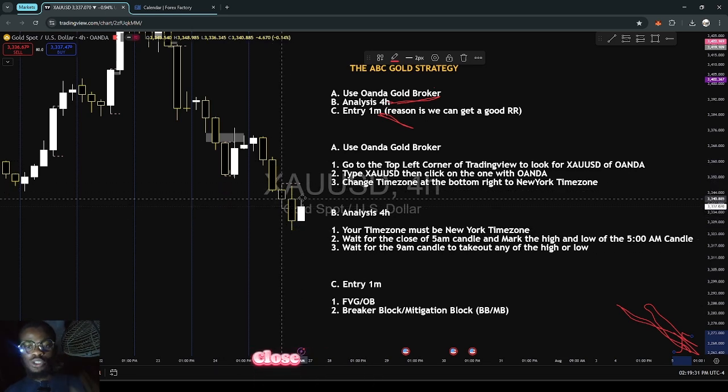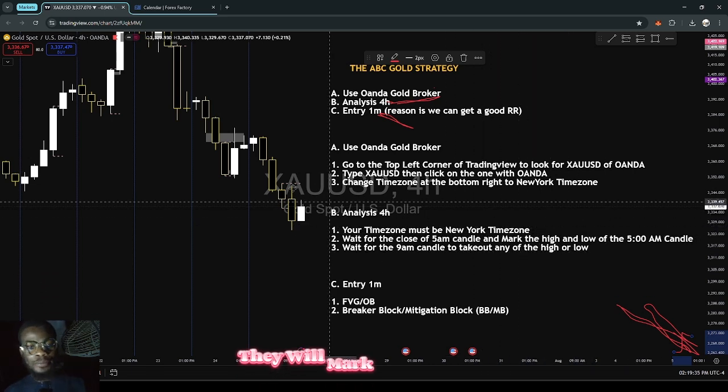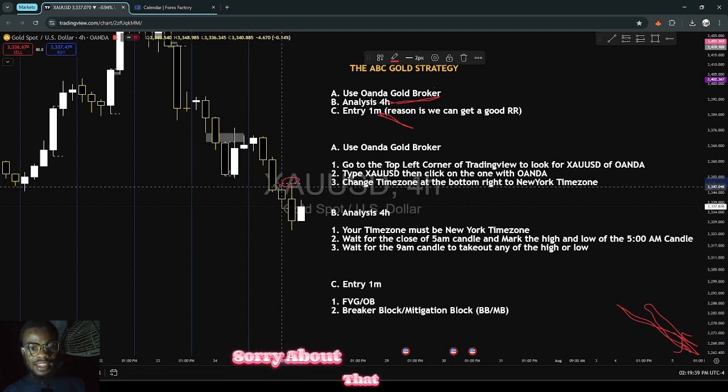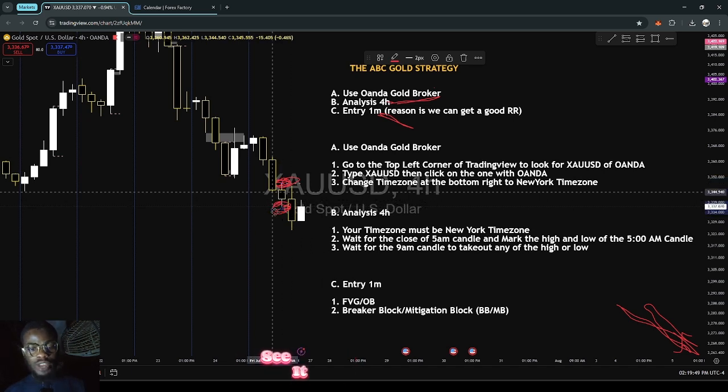We wait for the close of the 5 a.m. candle, then we mark the high and the low of the 5 a.m. candle. Let me increase this screen so you can see it very well.